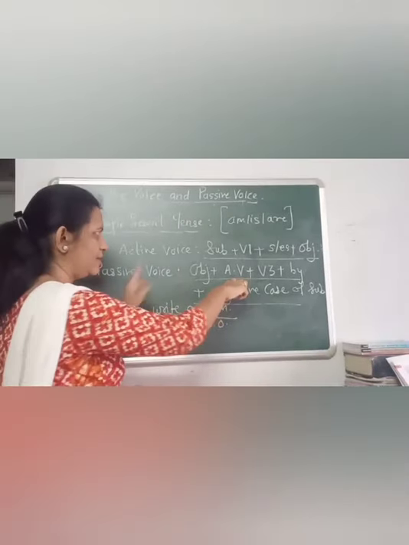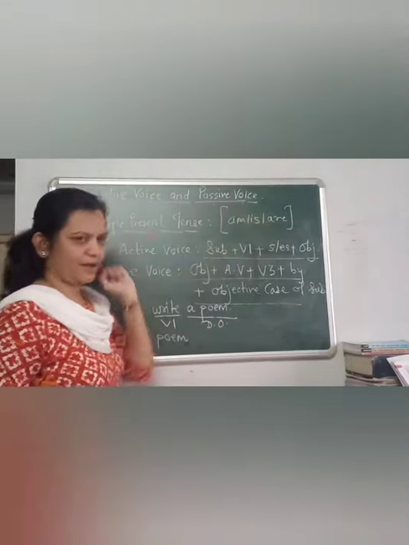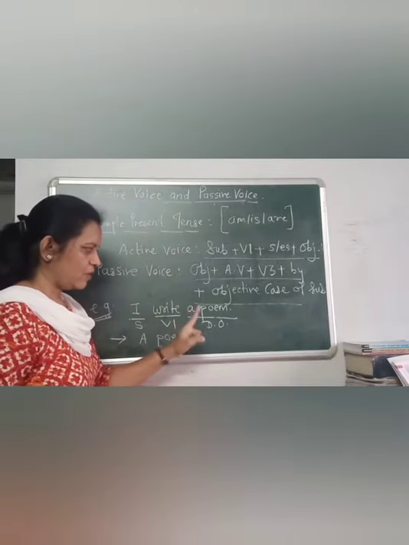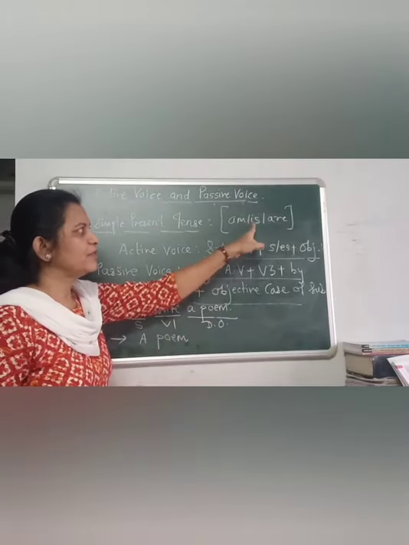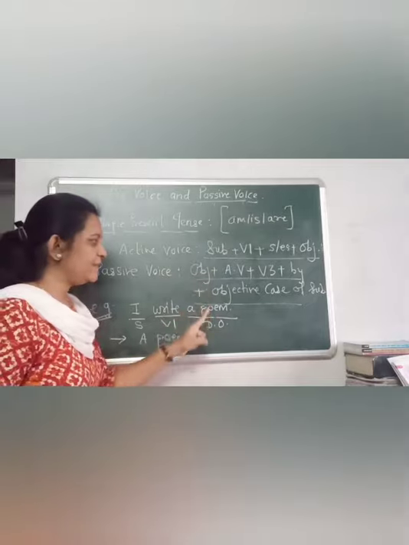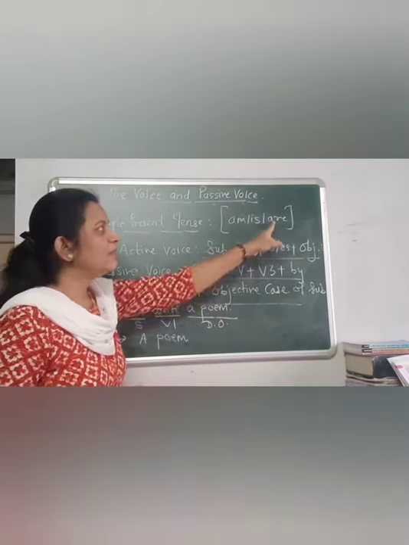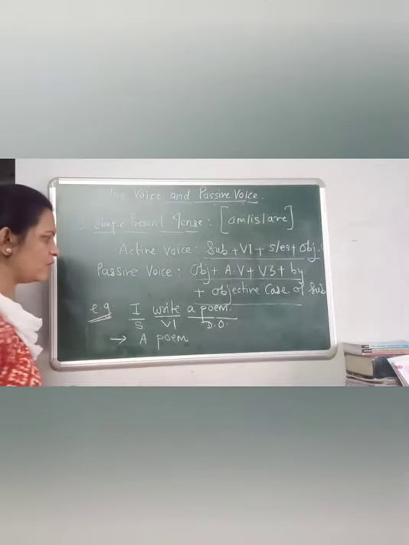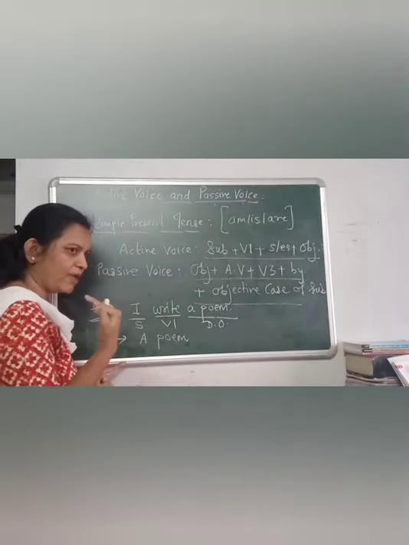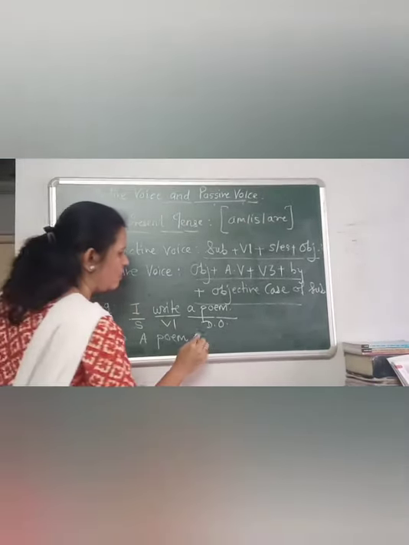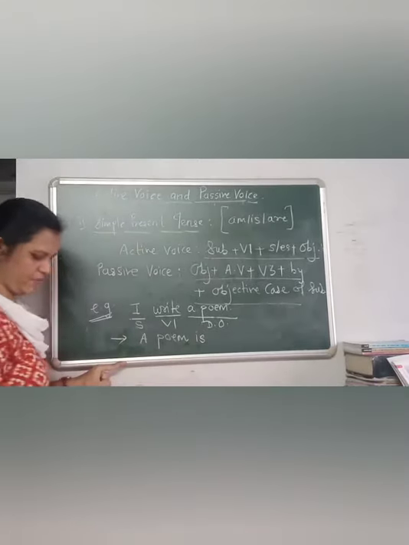Auxiliary verb. As I wrote here, am, is, are. If your object is singular, use is. If it is I, then use am. And if it's plural, then write down are. So we can notice here a poem means singular, and so we have to use here is. A poem is.